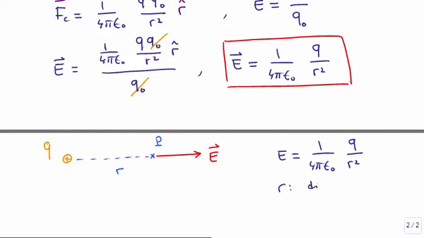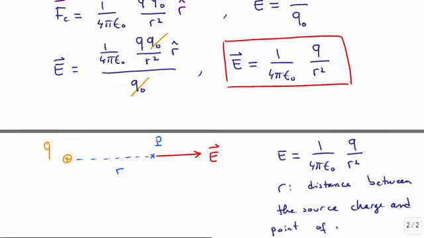R is the distance between the source charge and point of interest.